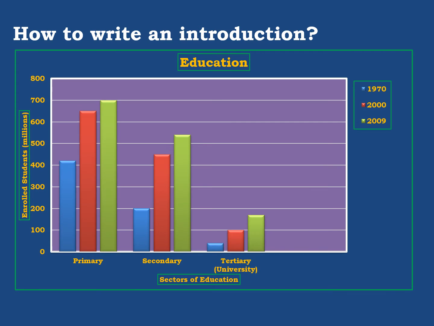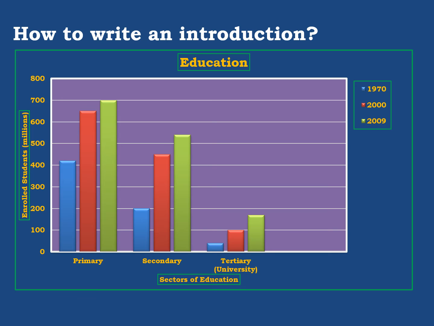Now, how to write an introduction. You remember this bar chart now. Now, we can move to the next slide and see how to write the introduction. But let me remind you of the elements that we need to include in the introduction, as mentioned in the previous slide.